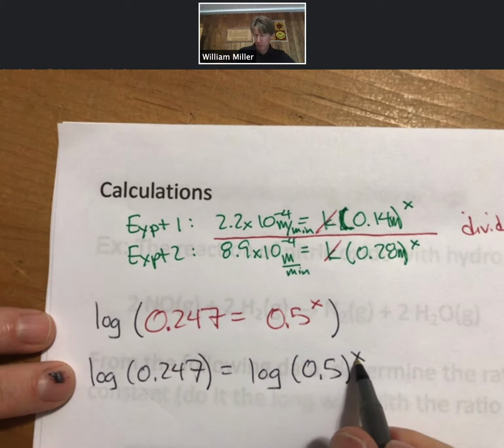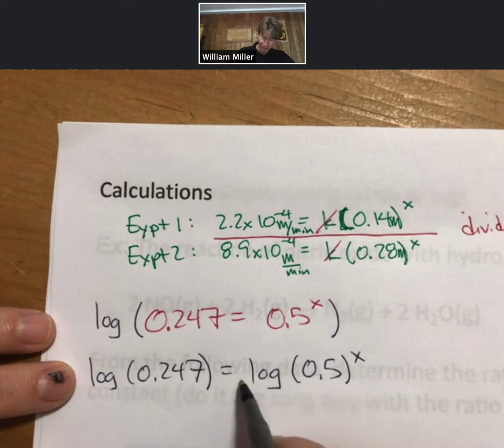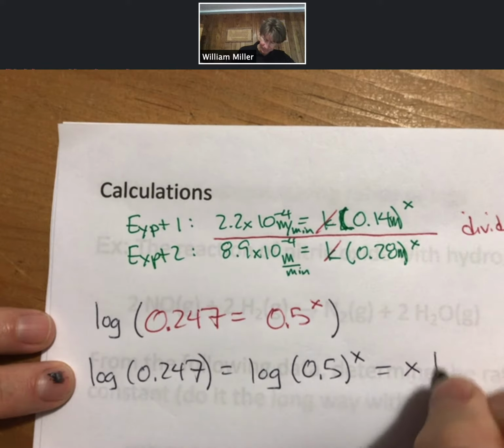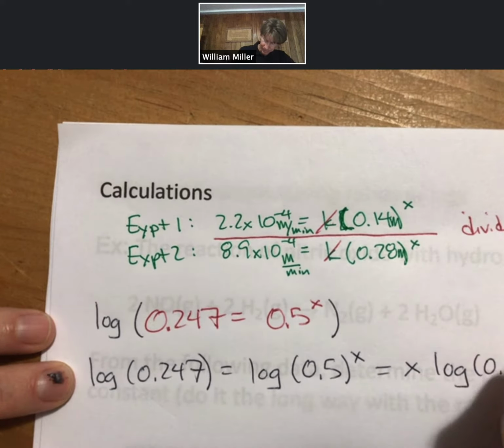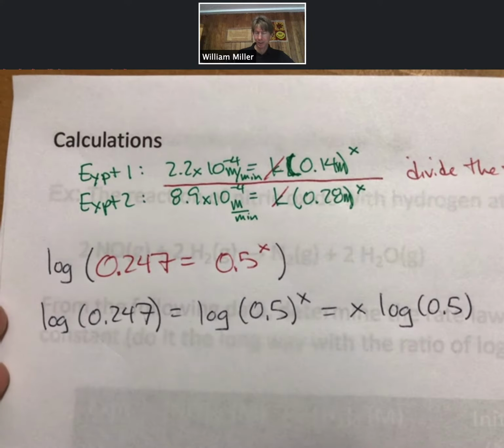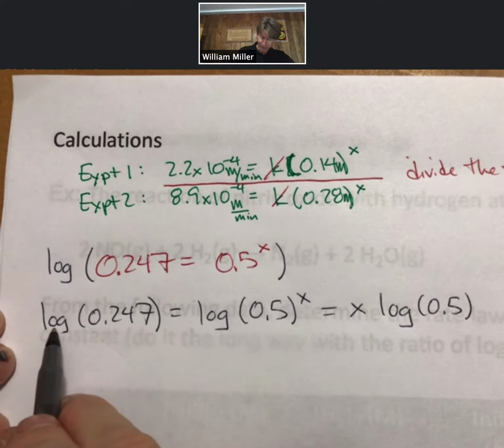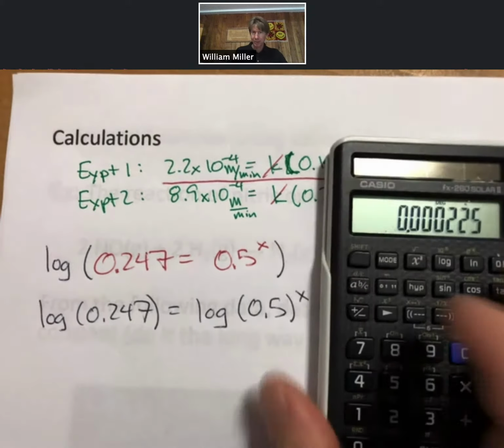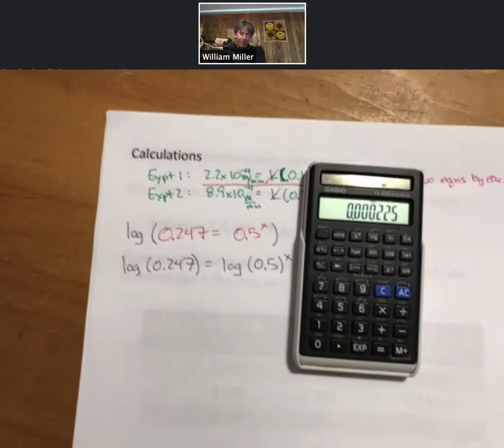In an exponent, the log comes down in the front, like so. Then to solve this, we're going to actually take the log of 0.247. I'll zoom out a little bit.